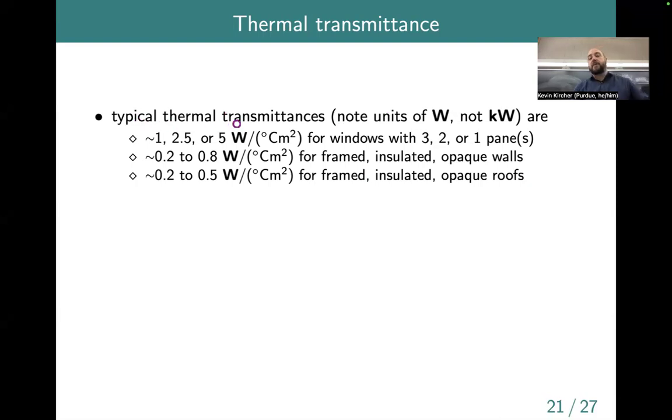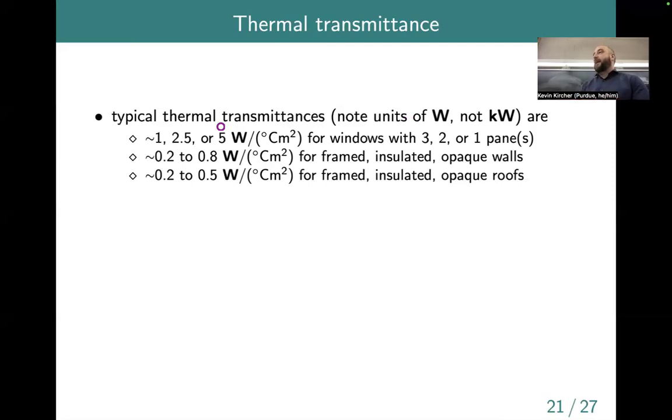And note the units here are watts per degree square meter, so not kilowatts. So typically you would convert these to kW before using them in a formula and then plugging them into your model. So thermal transmittance is low for something like a triple pane window, and then for a single pane window, it's significantly higher. So you get about 5x the heat transfer through a single pane window that you would get through a triple pane window.